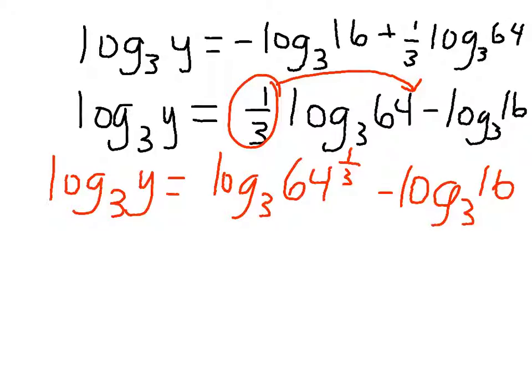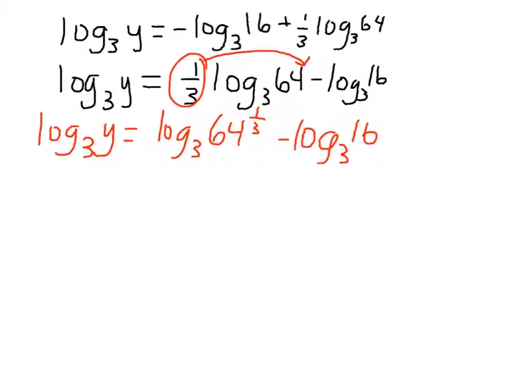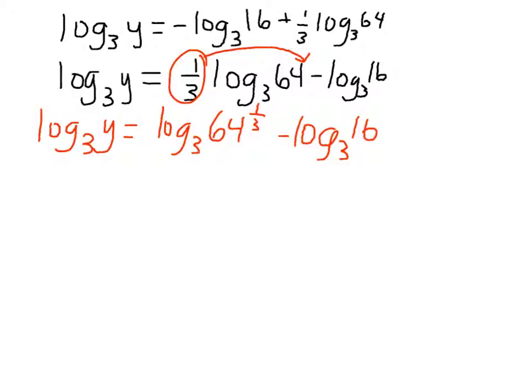And from here I've got a couple different options for what to do next. What I think I would like to do next is think about if I can simplify 64 to the 1/3 power. And if you remember, raising something to the 1/3 power is the same thing as taking the cube root. So if I shrink this and kind of move it over, I'll have some thought space over here.